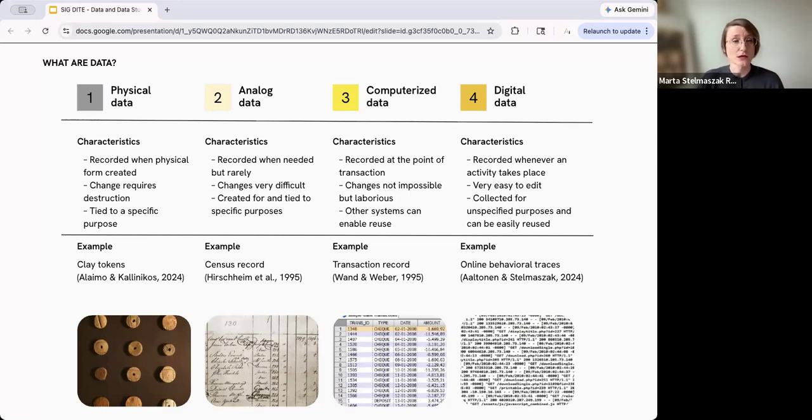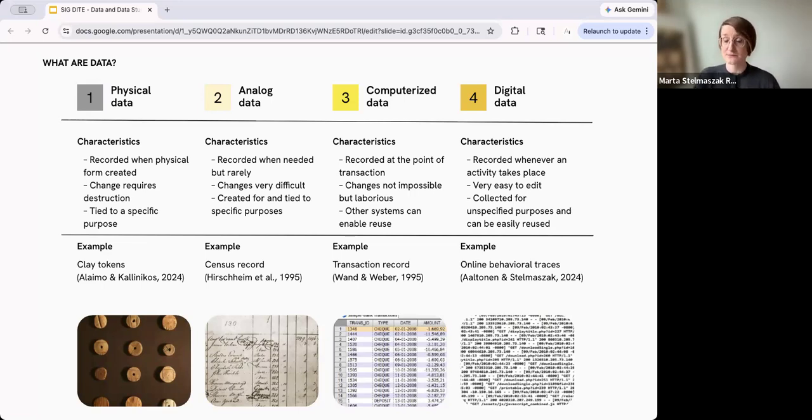But that moves us along this evolution of data. And as we again fast forward a little bit closer, that's when we begin to talk about the kinds of data that perhaps we are in sort of widely conceived information systems most familiar with. And we begin to see what we term computerized data. A good example in here could be transaction record, referring here to Wand and Weber, 1995.